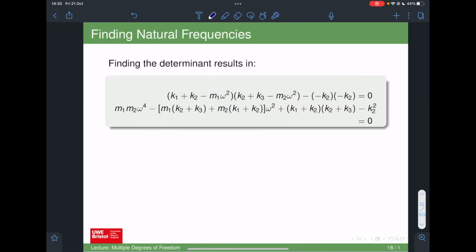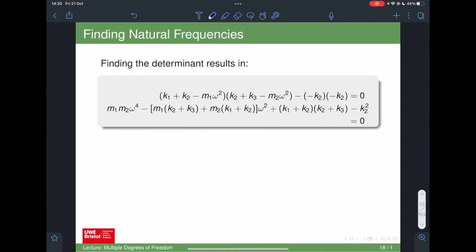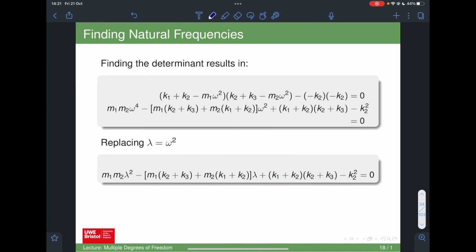So we take the determinant, there it is, A times D, minus B times C, okay? And if you go through the motions of combining it all together, you end up with a quadratic equation written in terms of omega squared, or you can replace omega squared with lambda, just to make things easier.